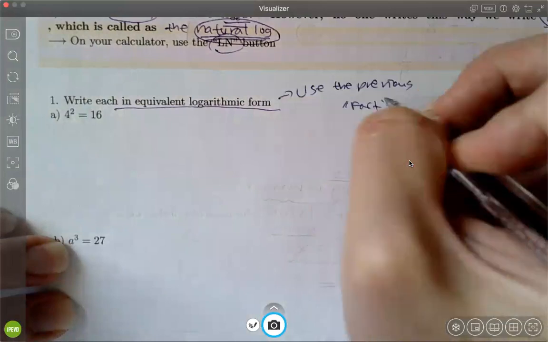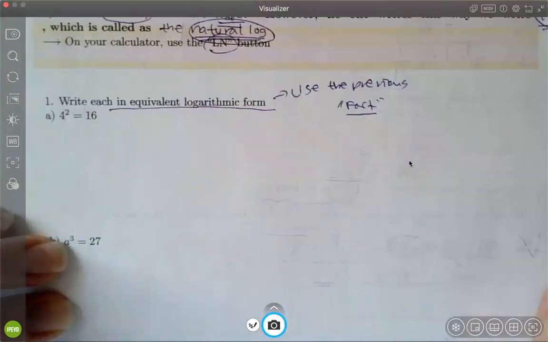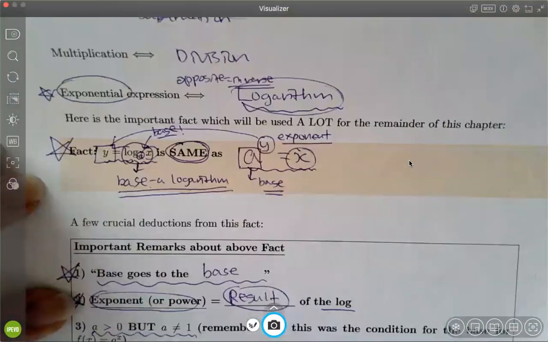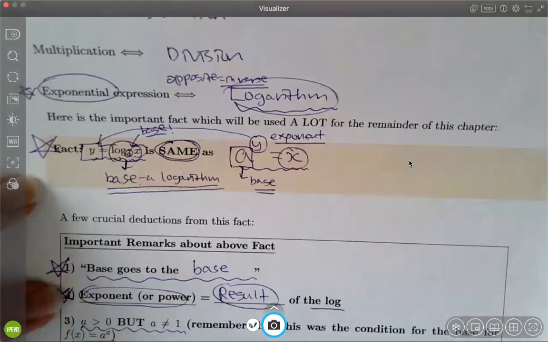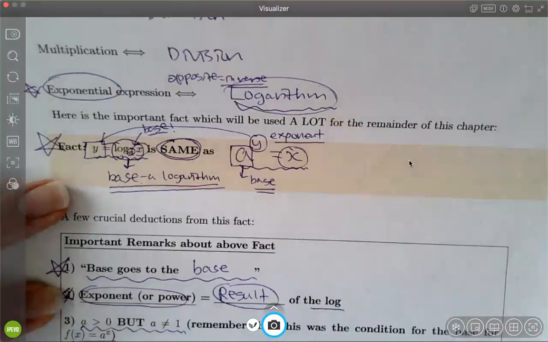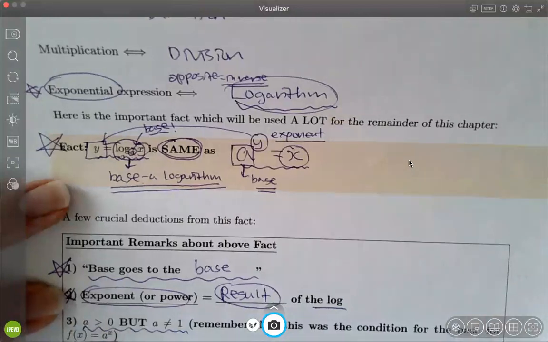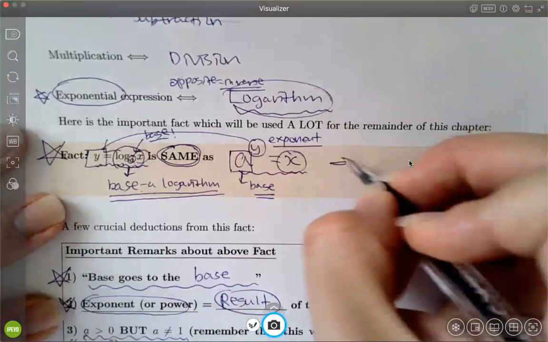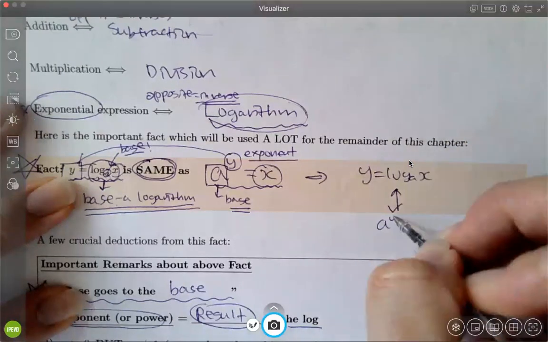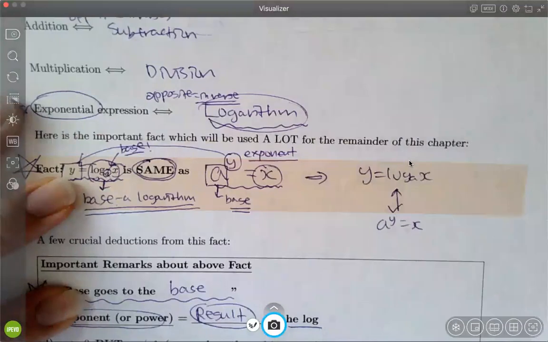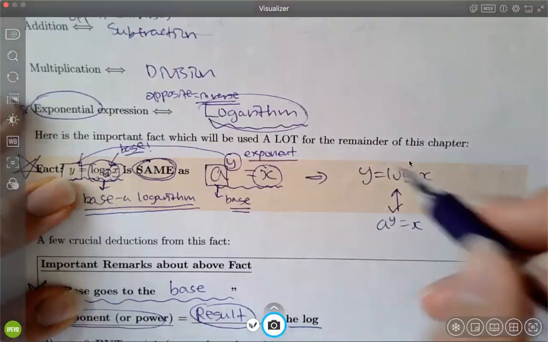And what do I mean by previous fact? It's this one. You must use this fact, and notice that this allows us to convert from logarithmic form into exponential form. It's going back and forth, right? So we have to use this fact on this problem.